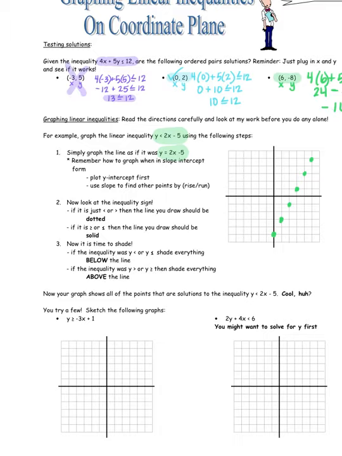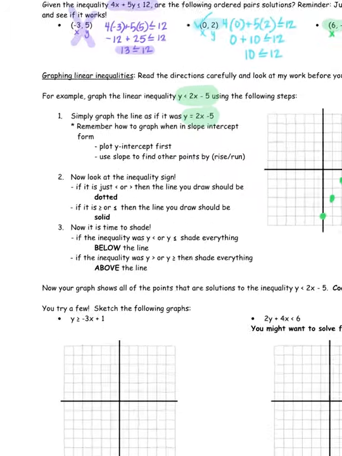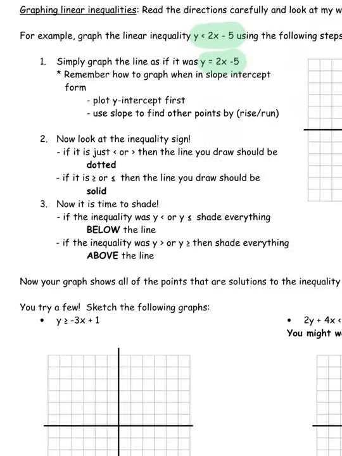I haven't drawn my line yet because now I have to look at the inequality sign. If it is just greater than or less than, your line is going to be dotted. Just like on a number line, when it was just greater than or less than, remember our circle was open. So our line is going to be open, if you want to remember it that way.